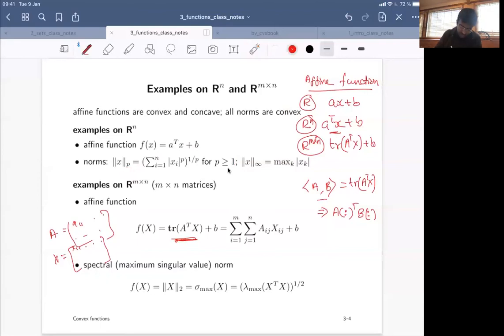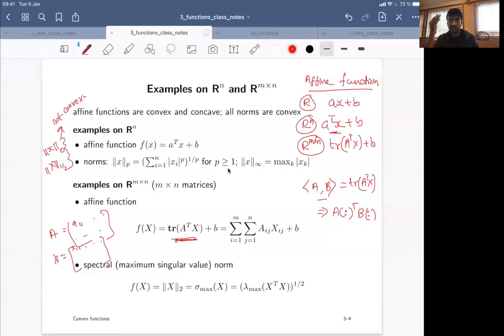But be careful if you consider a norm like the x0 norm or the half norm, for example. These are not convex. Okay, but we already saw in the last class, this is not a proper norm. It is called a quasi norm.